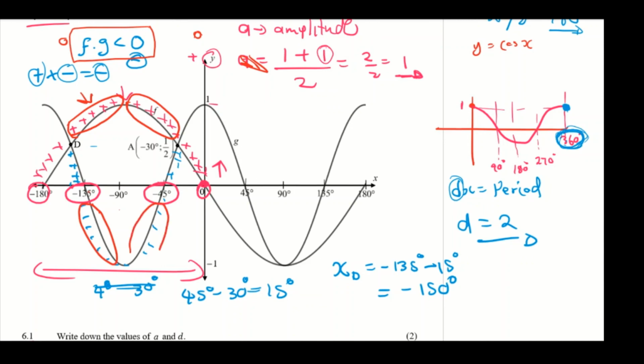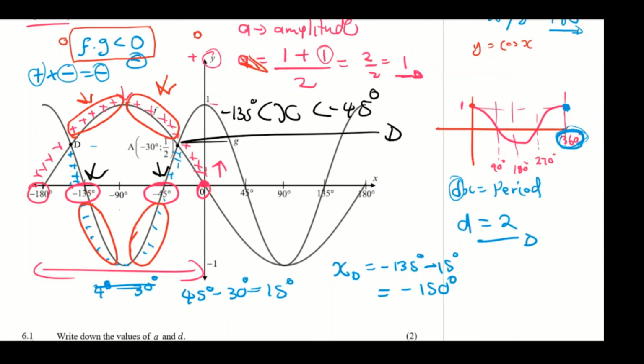This negative will multiply this positive to give us a negative solution. So you can conclude and say x must lie between minus 135 and minus 45 here. So between minus 135 degrees and minus 45 degrees, that is where this happens.